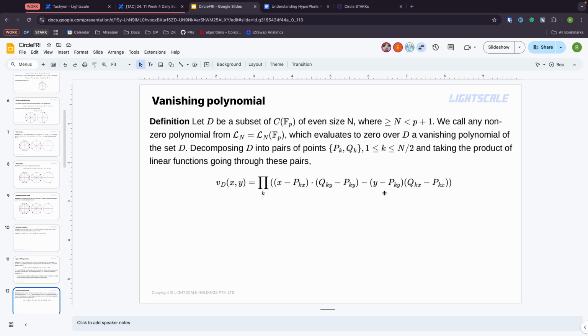So x and y can be either pk or qk. We divide into n over 2 pairs, and we pick a product like this, and then it evaluates to 0 on any pk or qk. All points in D evaluate to 0. Okay.